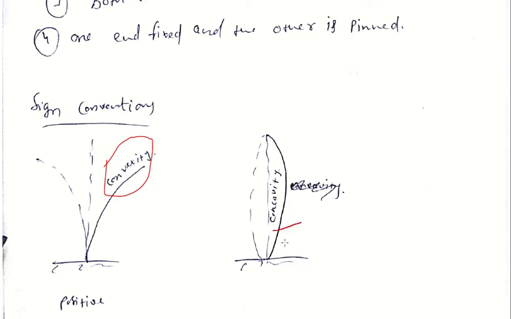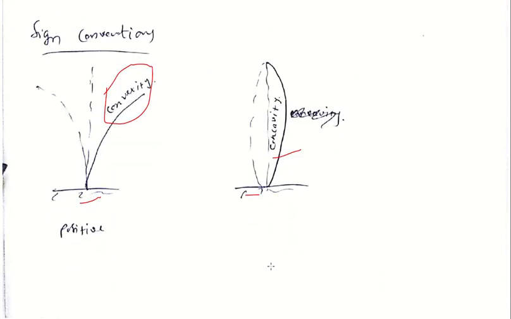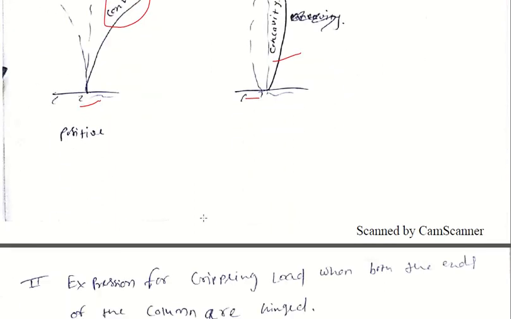So this is concavity and this is negative moment. The first represents a moment which will bend the column with its convexity toward its initial center line, so this moment is positive. We are using both figures to express the crippling load.